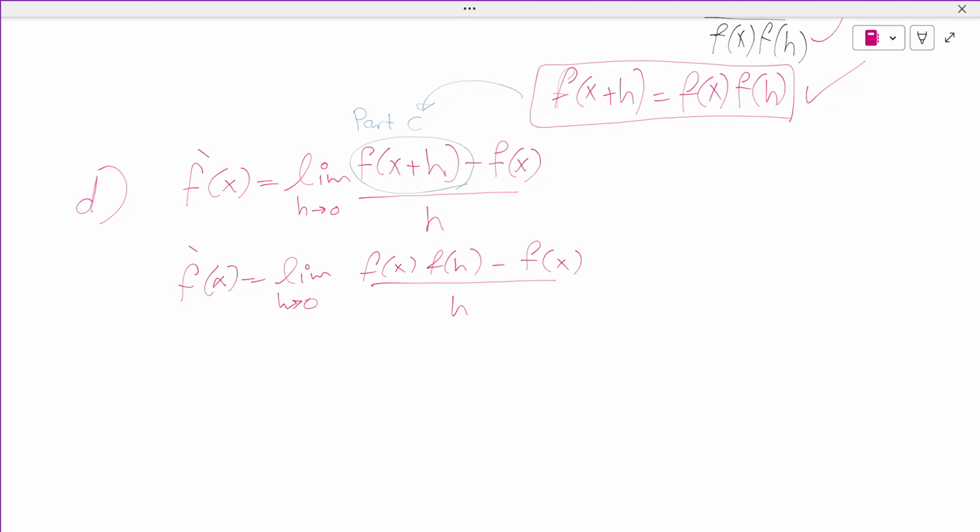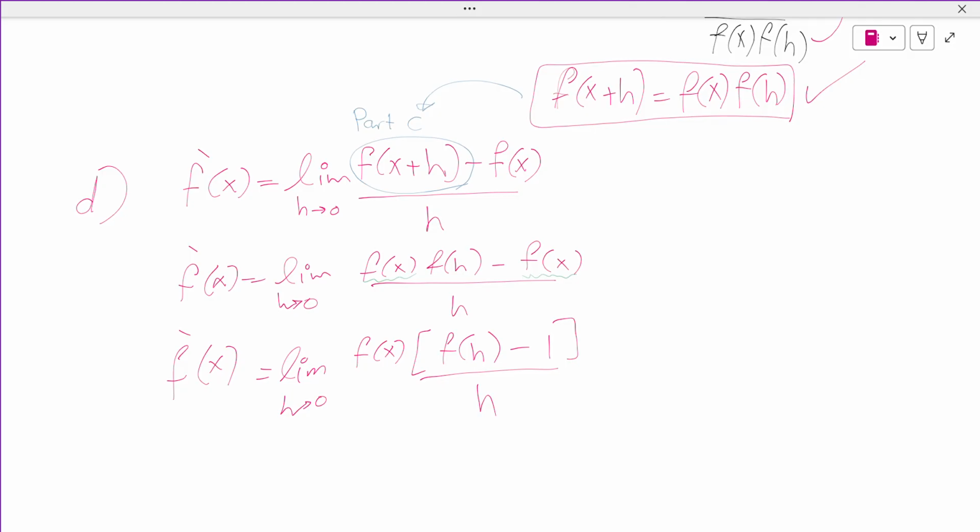So we can now factor out f of x because I can see it here and here. We write the limit as h approaches 0 of f of x times f of h minus 1 all over h. So we just factored out f of x.